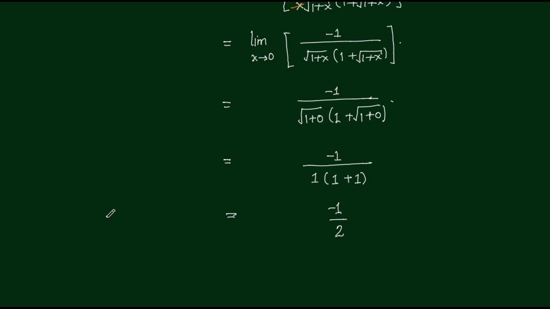our question, which was the limit, implies that when we have our limit as x tends to 0 of our original function, and that function is 1 over 1 plus x and the root minus 1, all over x, and we simplify it, realize that this is going to be our answer.